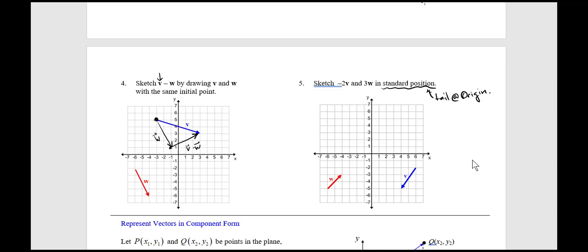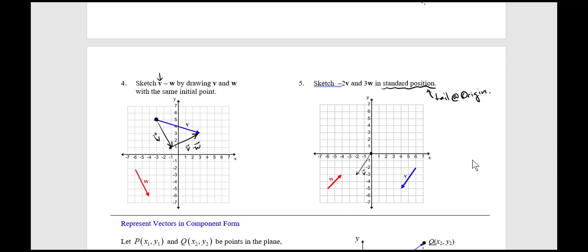So let's do negative 2v. That should be a vector at the origin that has this, notice this vector goes back 2 and down 3. So v in standard position would look like this.